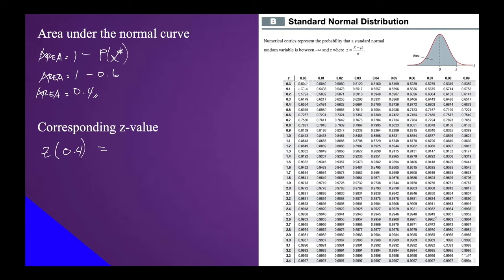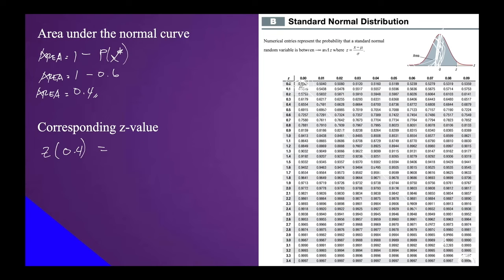Meaning to say, this table is representing a standard normal distribution curve from negative infinity to z. Yun yung binibigay niya. Kasi 0, 0 eh. Dito pa lang sa gitna, 50%. Meaning, yung buong left part ng distribution is 0.5. Sinama niya na. And, kung titignan ninyo, ang hinahanap natin is 0.4.